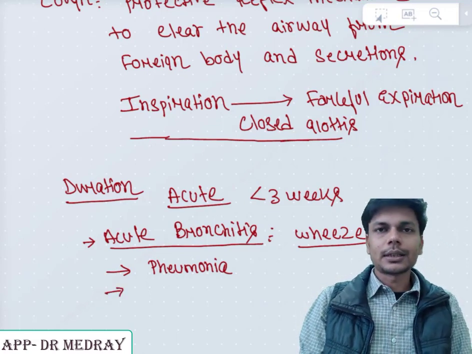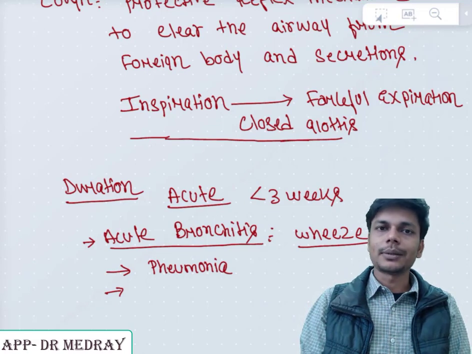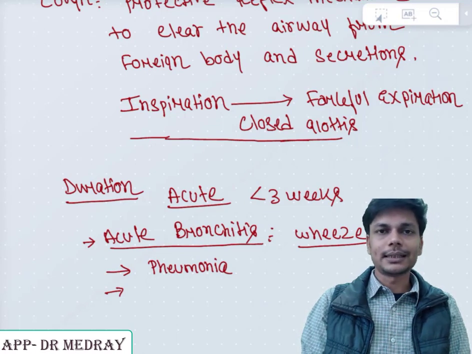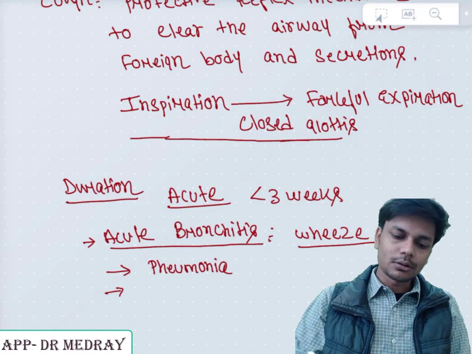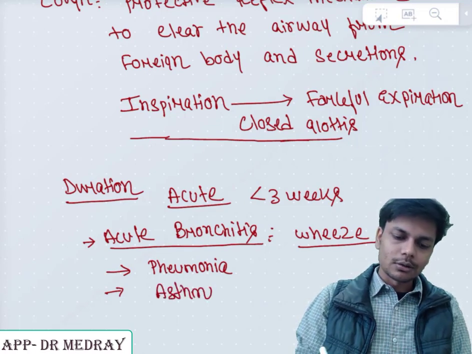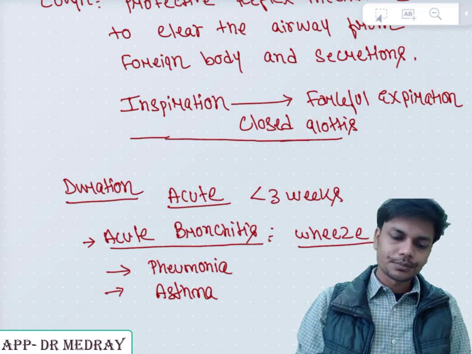Other acute causes of cough may be an acute attack of asthma. The patient might not have asthma throughout the year, but might present with an acute attack, especially in winter season. So asthma can also cause acute cough.